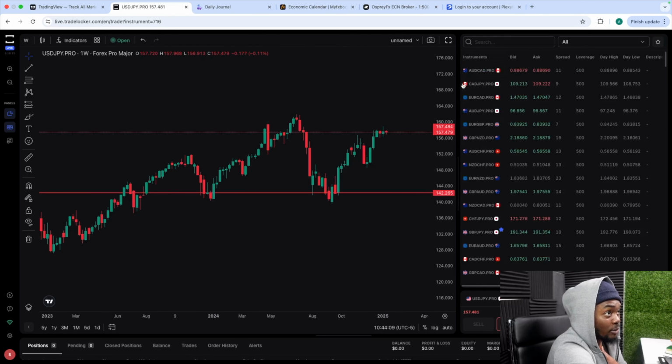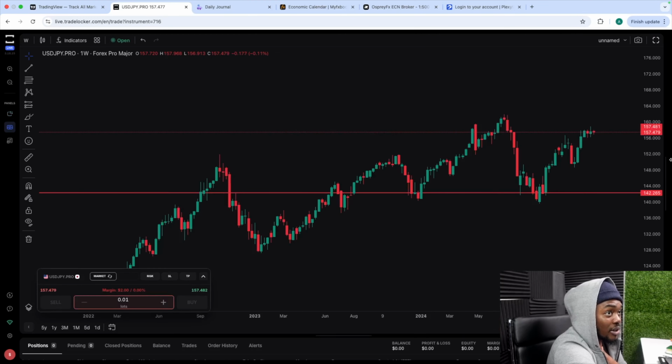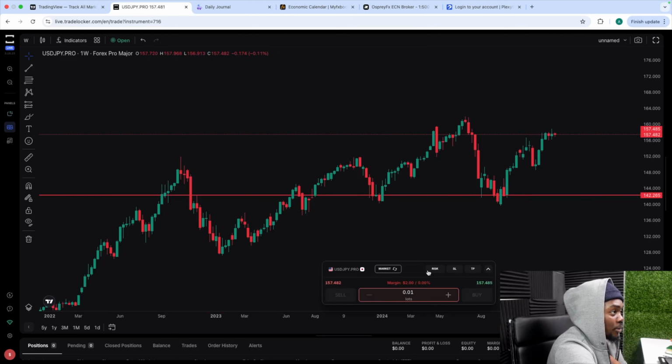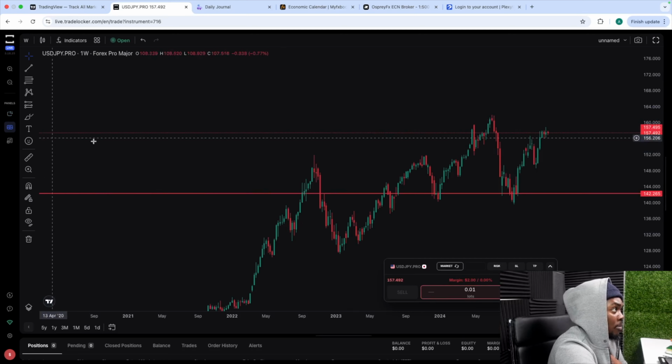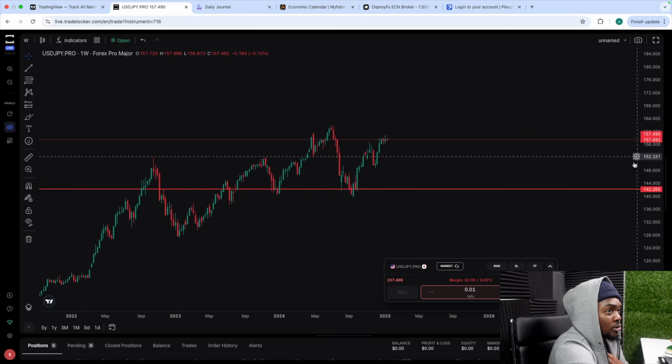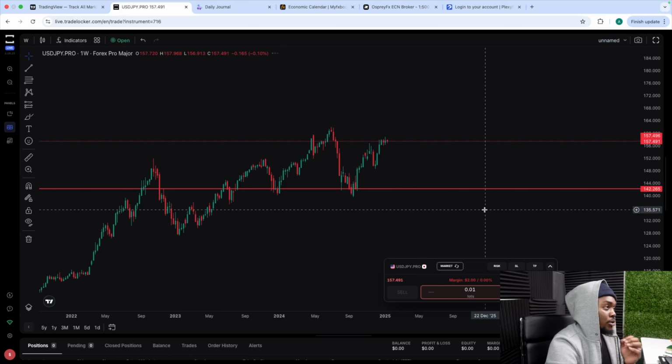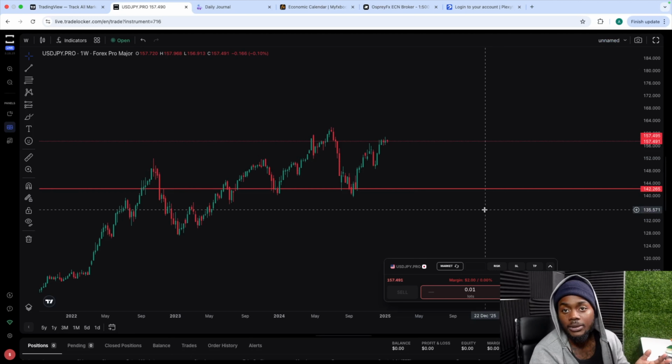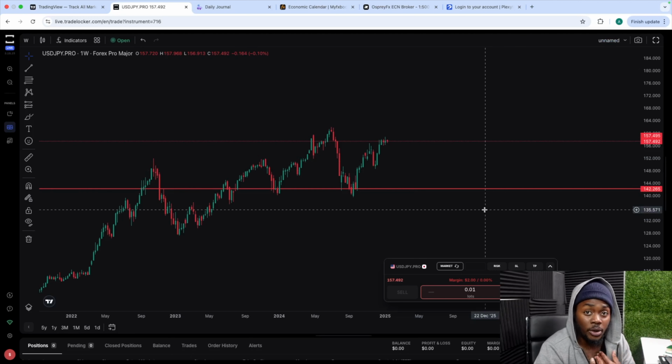You guys can simply utilize the TradeLocker platform and mark up and analyze your charts directly from TradeLocker. The only reason why I use TradingView in the first place is because it's just what I'm familiar with. When I first started trading over 8 years ago, I started off with TradingView.